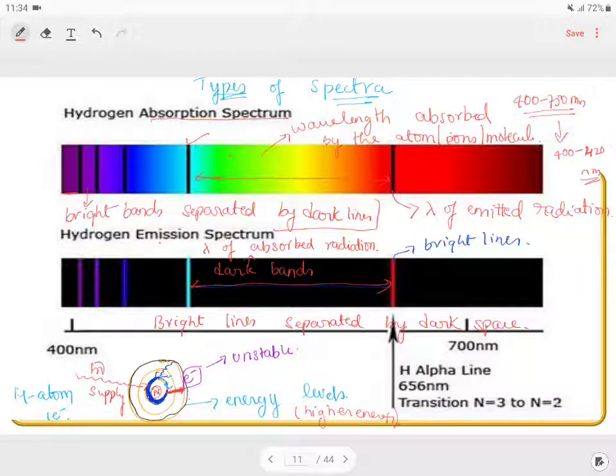In emission spectrum, wherever dark bands were there, that corresponds to the wavelength of absorbed radiation that appears in absorption spectrum. In absorption, we consider the wavelength of absorbed radiation, that's why there are bright bands there. In case of emission, we observe only the wavelength of emitted radiation. That's a major difference. Thank you.